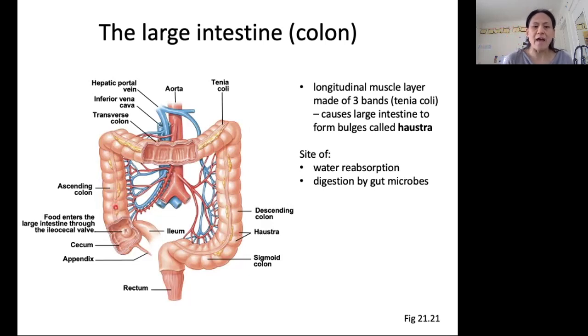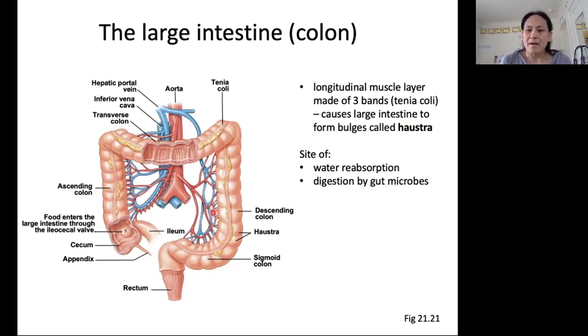Instead of having a longitudinal layer that goes completely around the colon, we just have three strips of longitudinal muscle. Those three strips, as they contract, sort of cause the rest of the colon to form these bulges, and those bulges are called haustra.